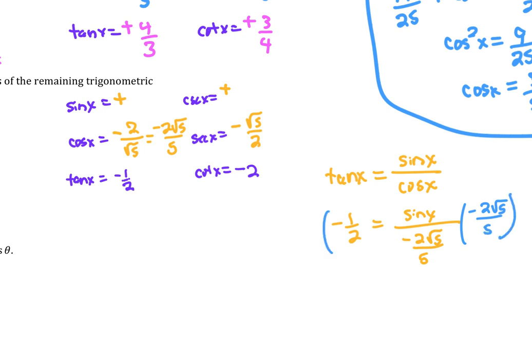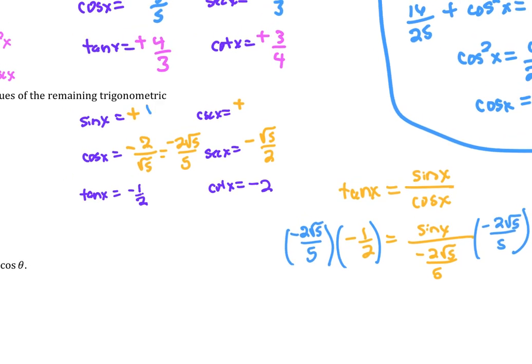And if we multiply negative 1 over 2 times negative 2 root 5 over 5, the negatives become positive, right? The 2's divide out, and so then if you look, what we are left with is just root 5 over 5. And then for cosecant, we have to flip that.